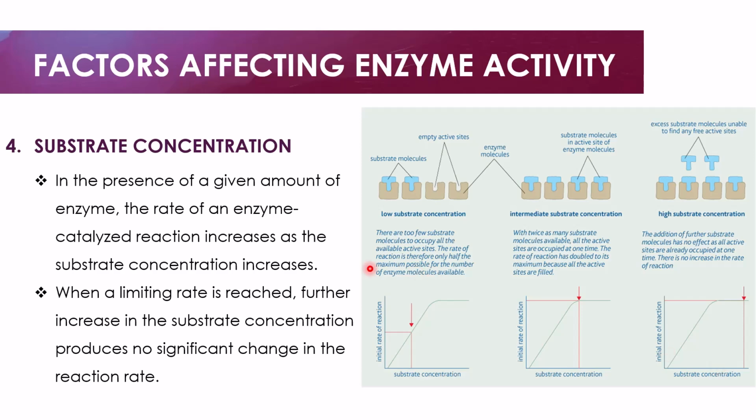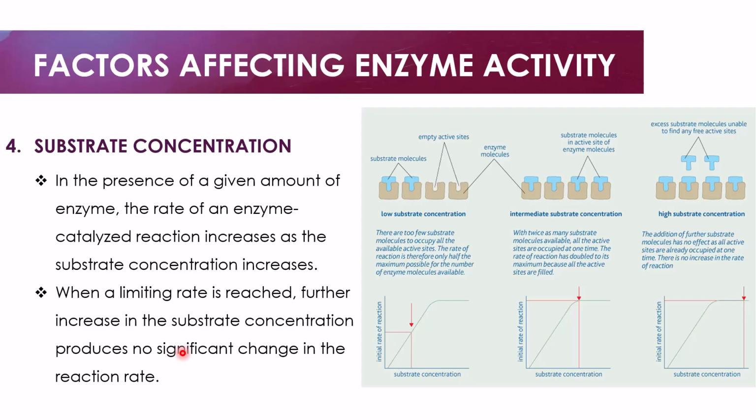So what we have to note is that in the presence of a given amount of enzyme, the rate of enzyme catalyzed reaction increases as the substrate concentration increases. And when a limiting rate is reached, further increase in the substrate concentration produces no significant change in the rate of reaction.